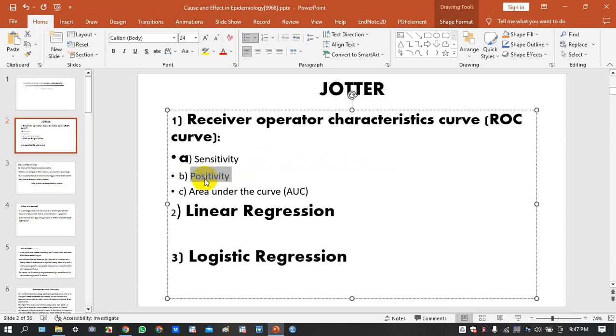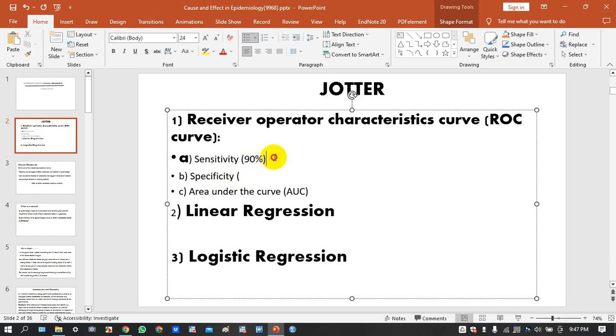So after sensitivity, we look at what? Specificity. So we can say that the test kit that you are using is highly sensitive. It's highly sensitive because it gave you about 90% sensitivity.